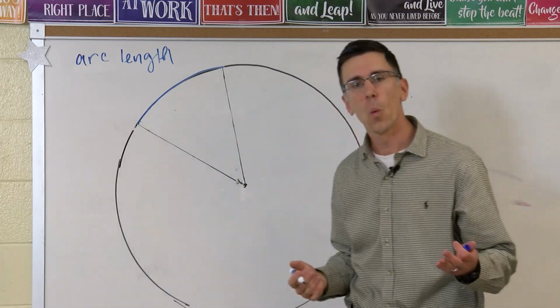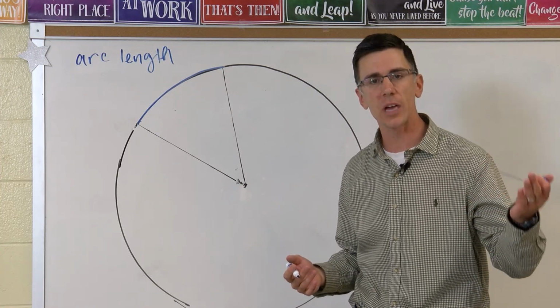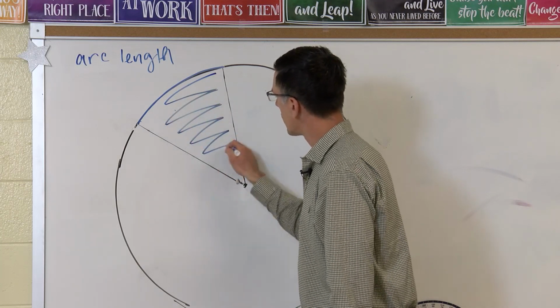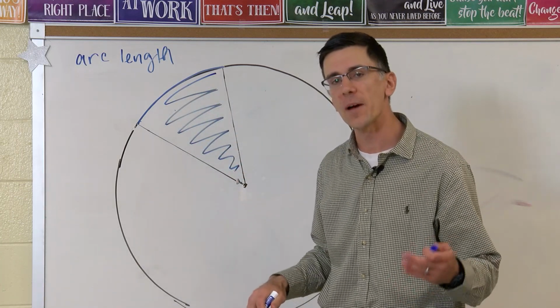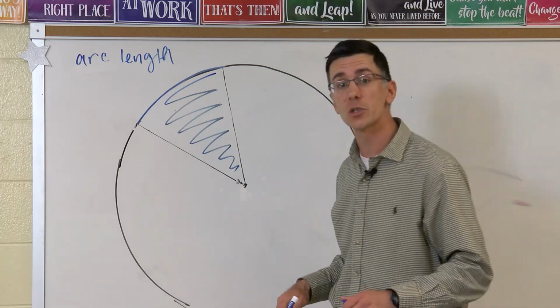This week, we're going to be looking at area. Area is the amount of space on the inside. So this week, we're going to look at the grazing area, the amount of space and amount of grass that Pumpkin can eat within that circle.